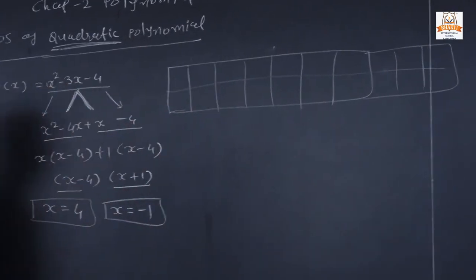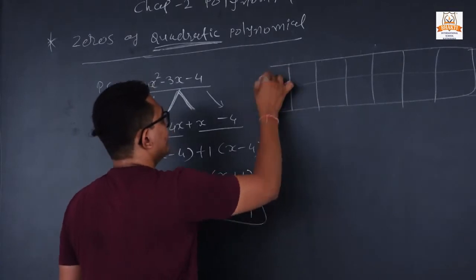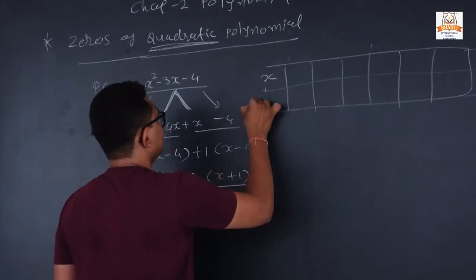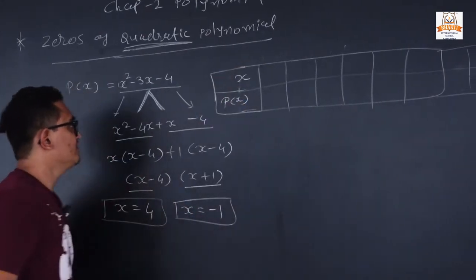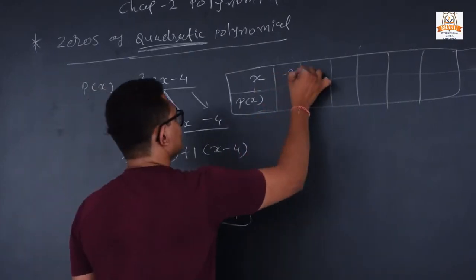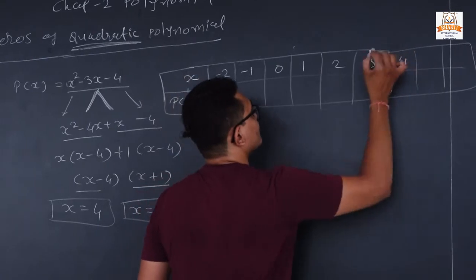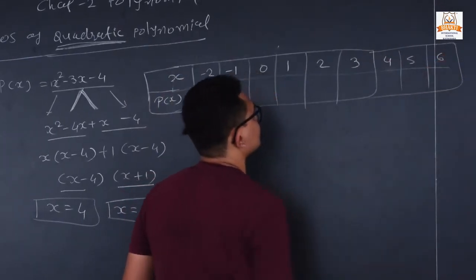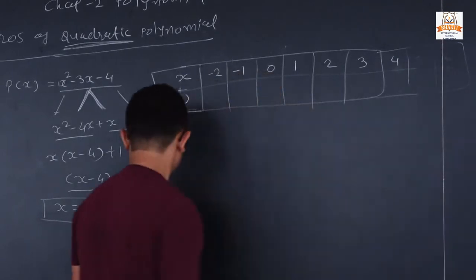So here we write x and here we write p of x. First of all, I am starting with -2, -1, 0, 1, 2, 3, 4, 5 and 6. We can take only up to 4.